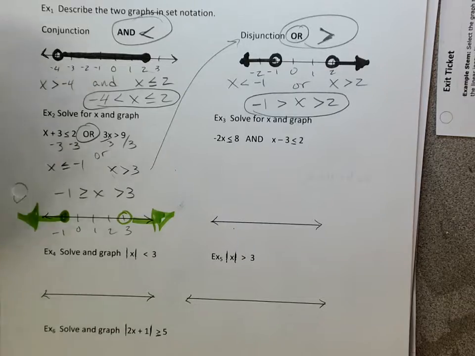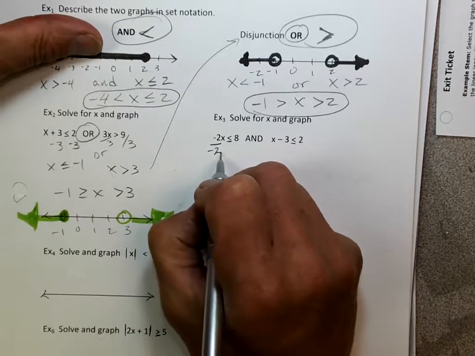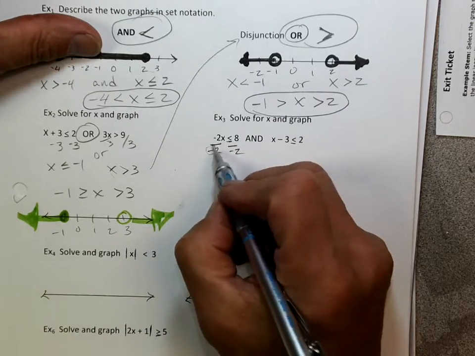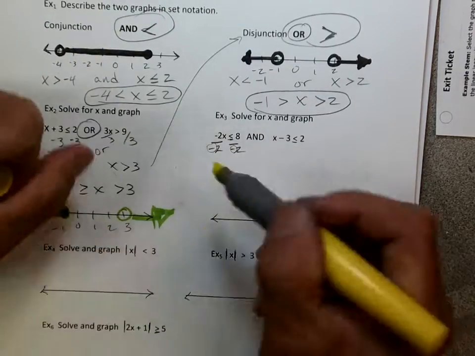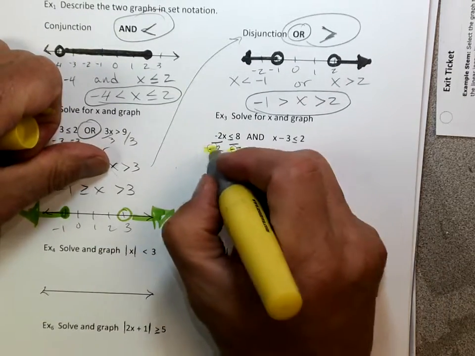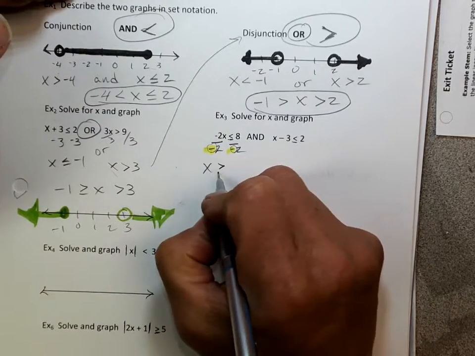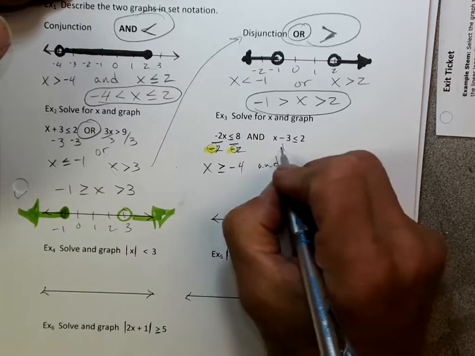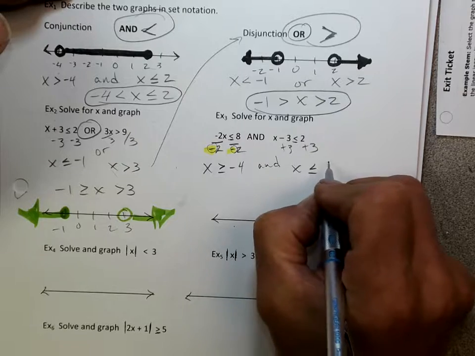Example 3, there's one trick I have to be careful. I'm going to divide by a negative, aren't I? Just divided by a negative, so if I divide by a negative, I've got to be careful. And when I divide by a negative, I turn the inequality sign, right? So I make it into x is greater than or equal to negative 4 and plus 3, x is less than or equal to 5.